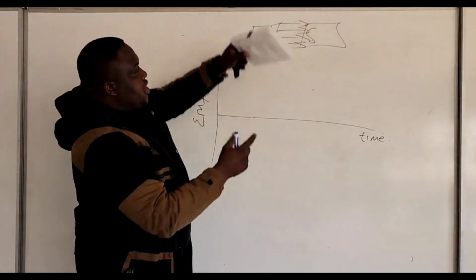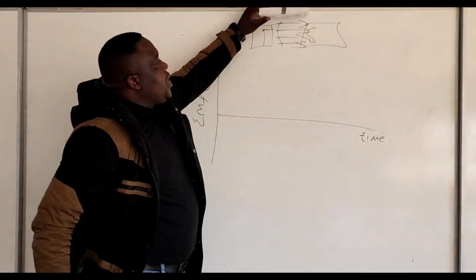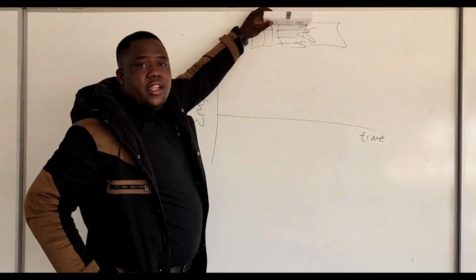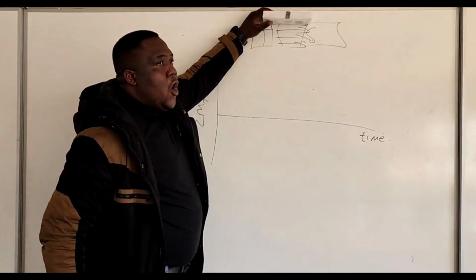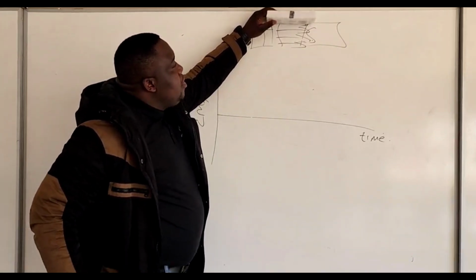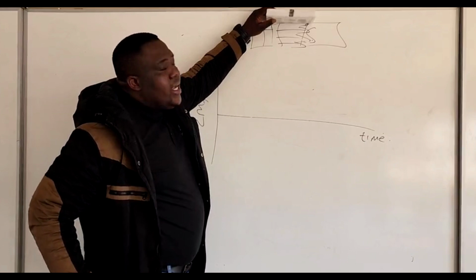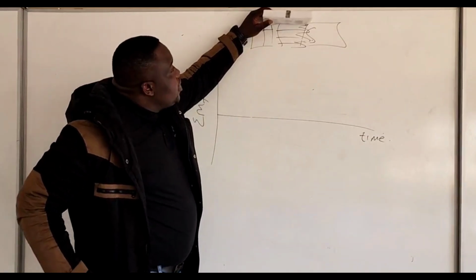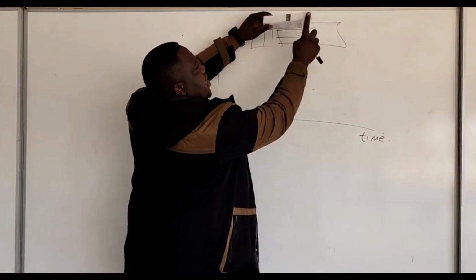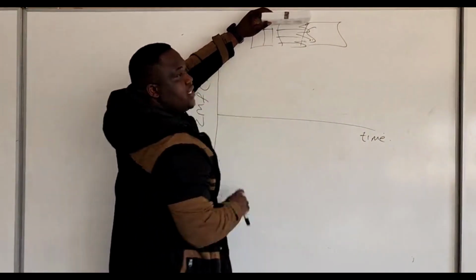At this position, you can see what is happening. The loop or the coil is parallel to the magnetic field line. You can see here, it is parallel with these lines.